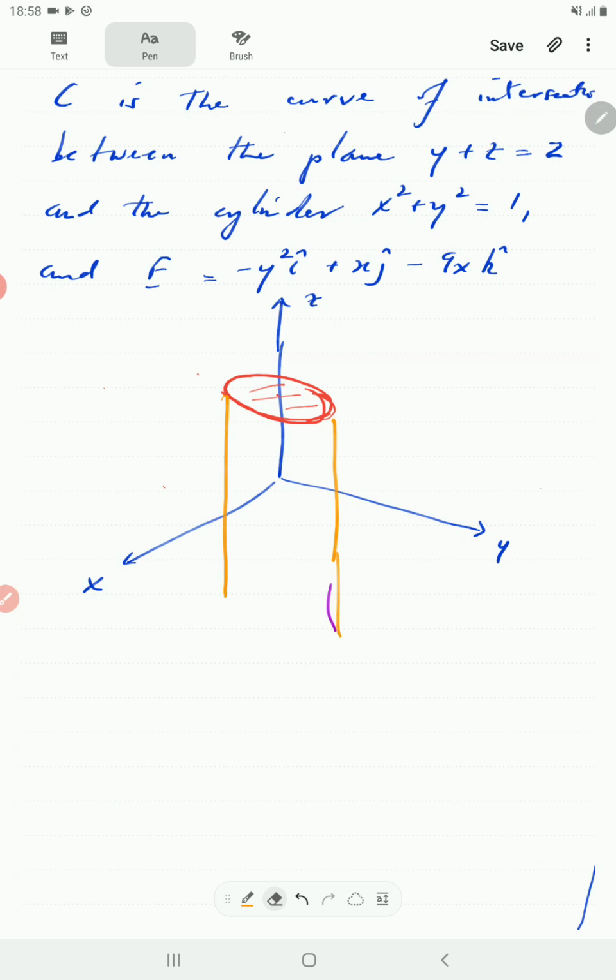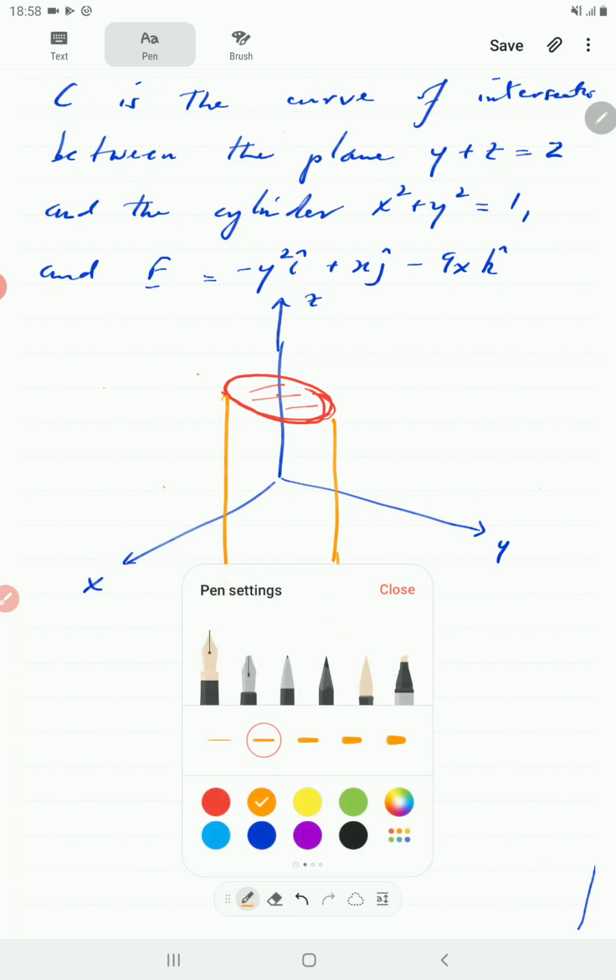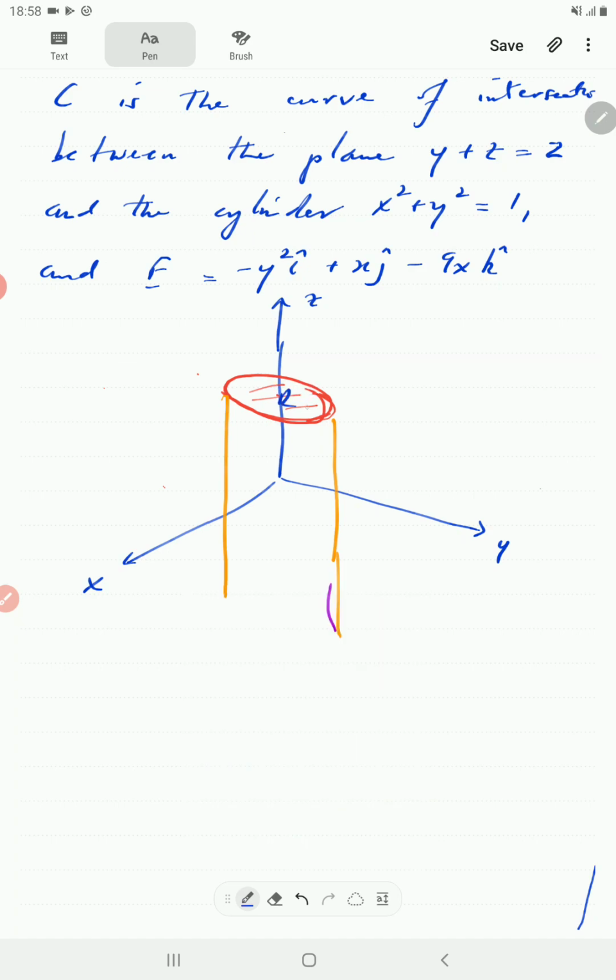Right, so that is what we're interested in. That is our R there, and that is going to be our C.